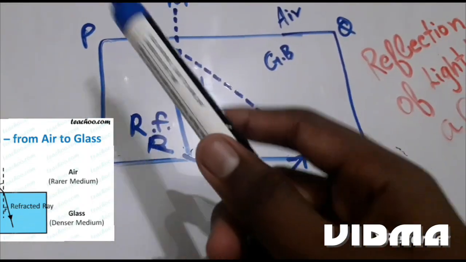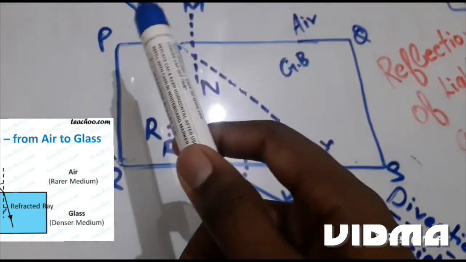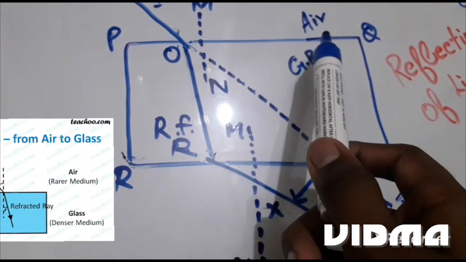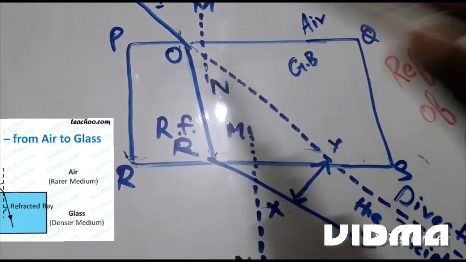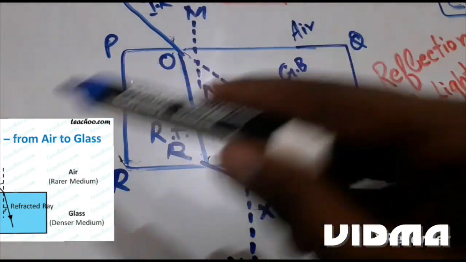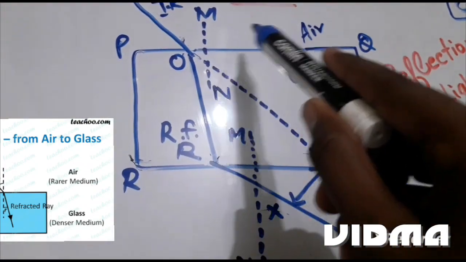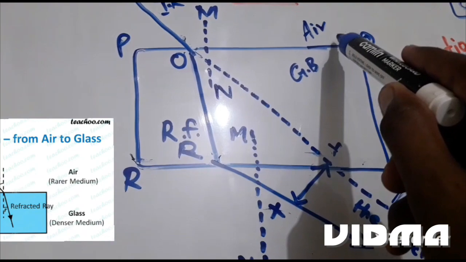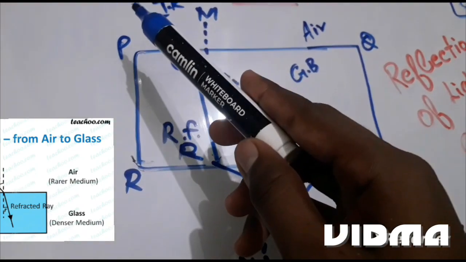This is a dotted line. This is the air which is outside the rectangular glass box. It is the rectangular glass box, and the air is outside it.